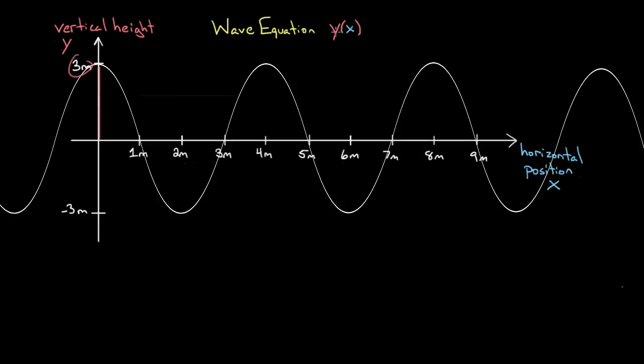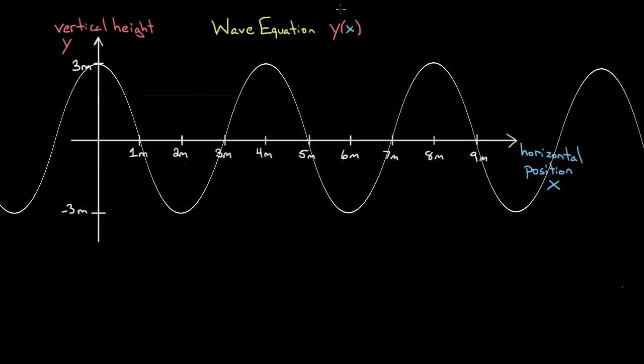So this wave equation should spit out 3 when I plug in x equals 0. And when I plug in x equals 1, it should spit out 0 height, so it should give me a y value of 0. And if I plug in an x value of 6 meters, it should tell me that y value is -3. So no matter what x I plug in, say 7, it should tell me the height of the wave at that horizontal position.